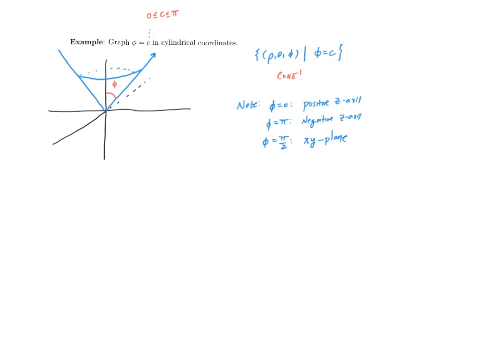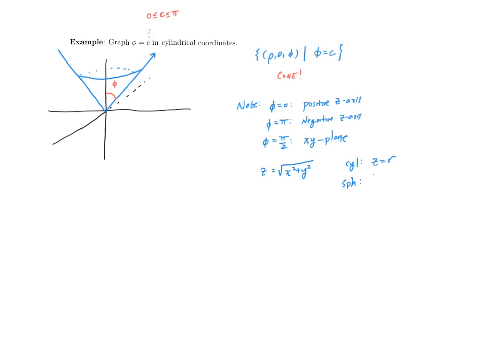So these may not be the typical examples that we would think of as a cone, but the typical example we probably have been envisioning as a cone is this z equals the square root of x squared plus y squared, which we've previously encountered in cylindrical coordinates, and the equation was z equals r. Note in spherical coordinates, this standard cone would come down at an angle of pi over 4.